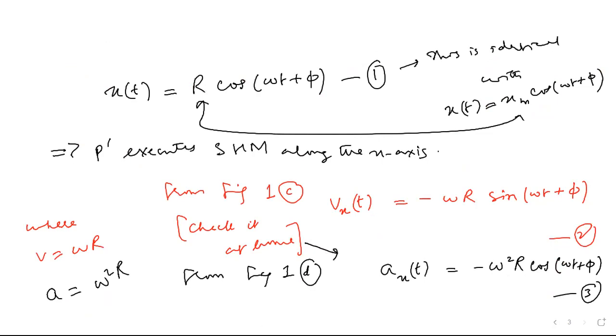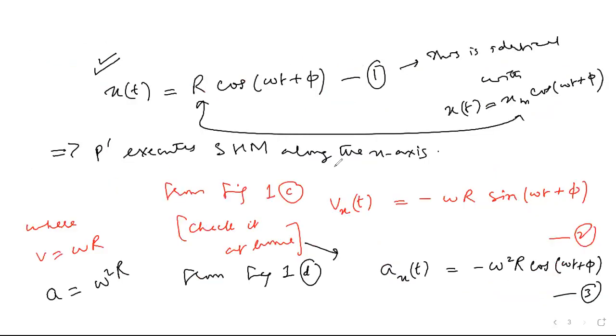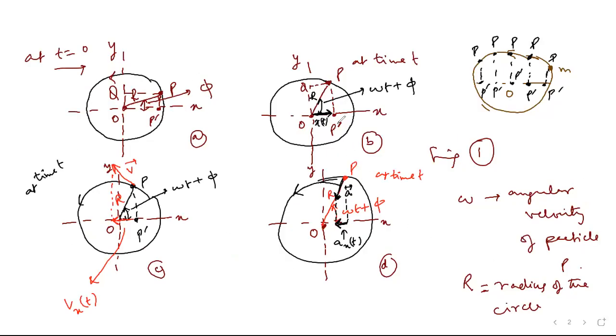As I said, in the case of velocity, we can get equation 3 from equation 2 by differentiating velocity vx of t with time. So equation 1 is giving me the position of P prime. The second equation, vx of t, is giving me the velocity of P prime.